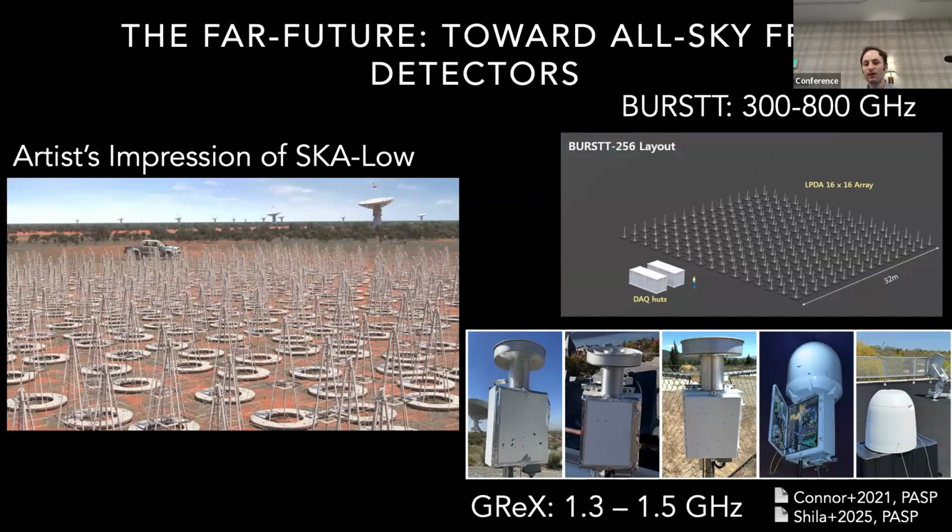And there's some technologies that are already moving in that direction. So there's a telescope called BURSTT, which is a dipole array of antennas that just sits on the ground. And it has about a pi steradian field of view. And GReX is also another experiment that tries to see the full sky at lower sensitivities.